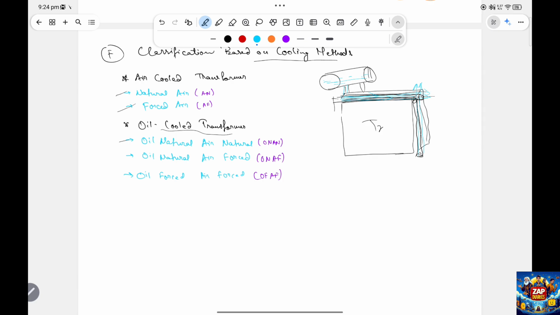When the oil becomes warm or hot due to transformer heat, it rises back to the tank. After that, the oil cools in the tank and then again flows through the whole circuit. So this is oil natural, air natural. The air is natural. What the air is doing is cooling the oil tank.